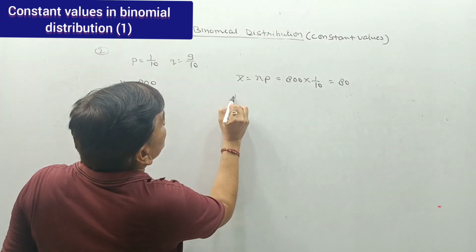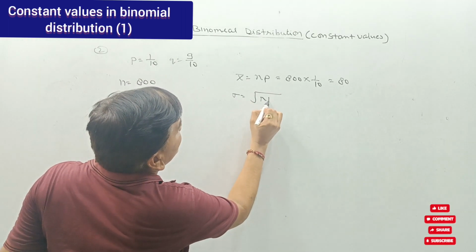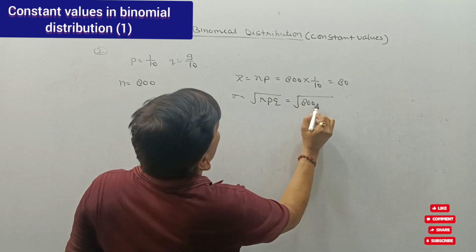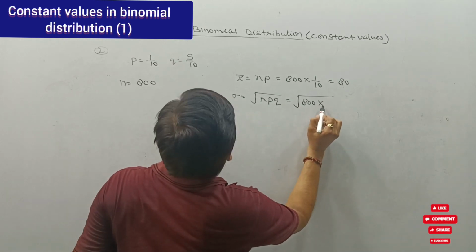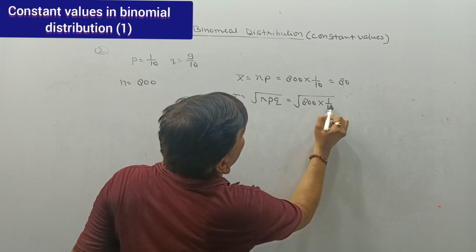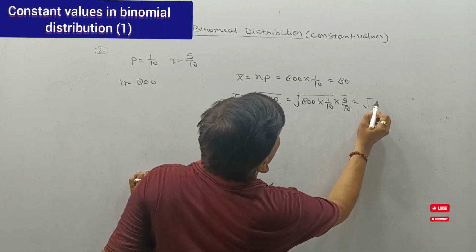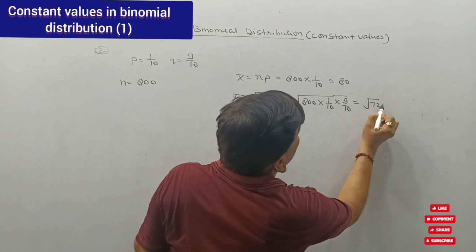If you want to calculate standard deviation, that is the square root of npq. So that is 800 multiply by 1 by 10 multiply by 9 by 10. So there will be 72.